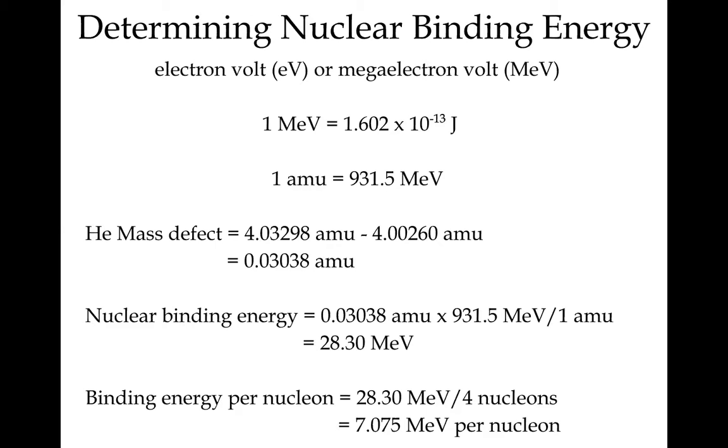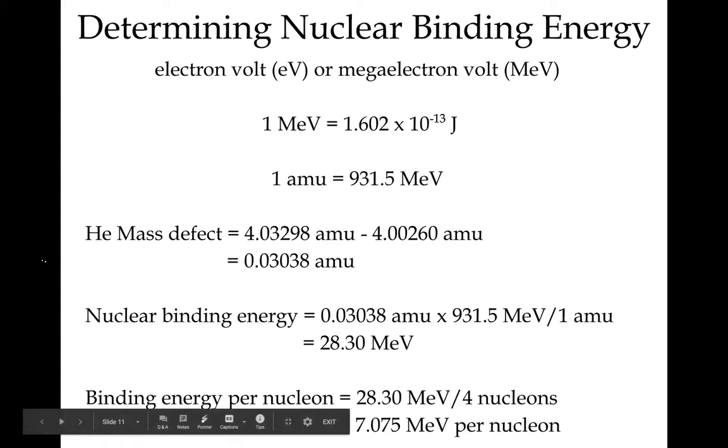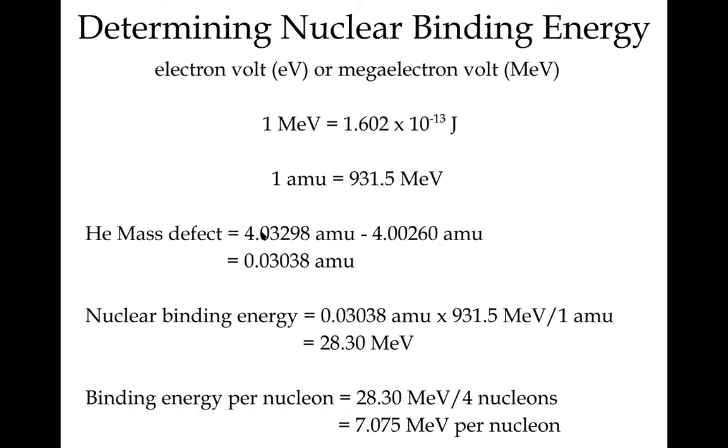Okay. So using this conversion factor, we can readily calculate the binding energy of, for instance, helium. So here's the helium mass defect. This is the sum of the nucleons minus the mass of the overall nucleus, and you get 0.03038 AMU.